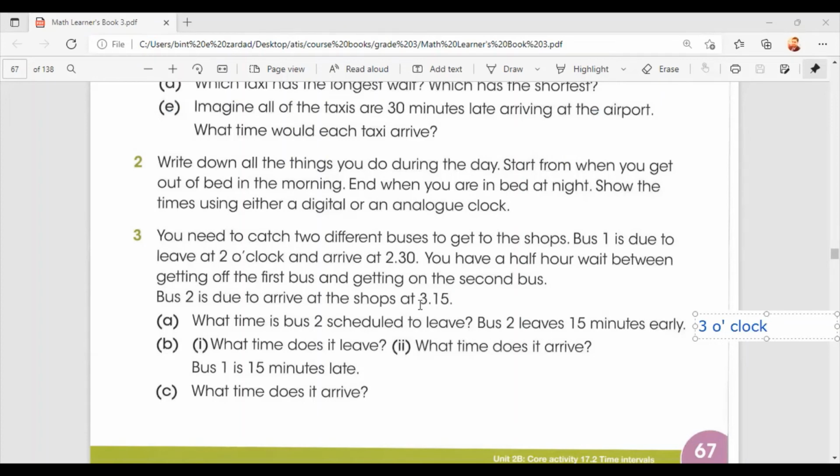Obviously the second bus is at 3:15, but it leaves 15 minutes earlier, so it's 3 o'clock. What time does it leave? 15 minutes earlier than 3 o'clock, it's 2:45. So we write here 2:45.